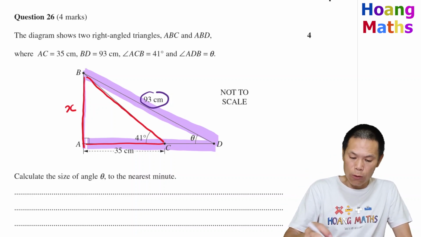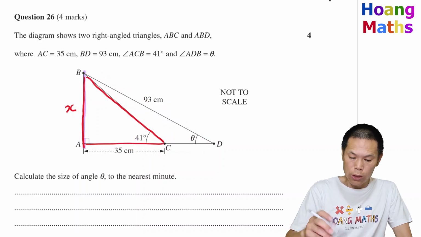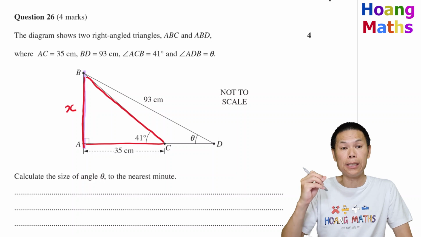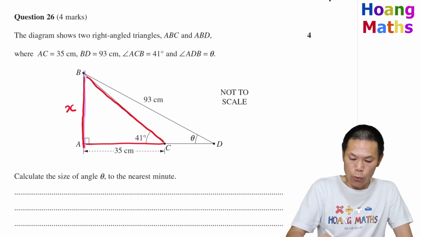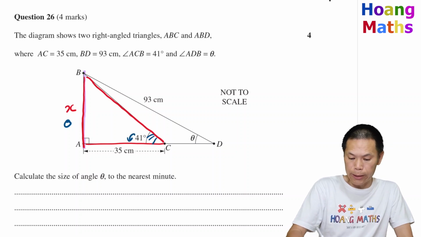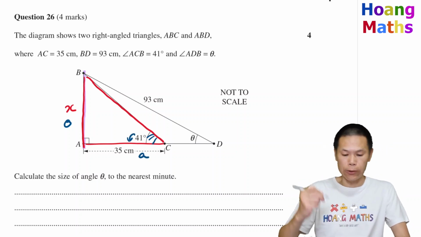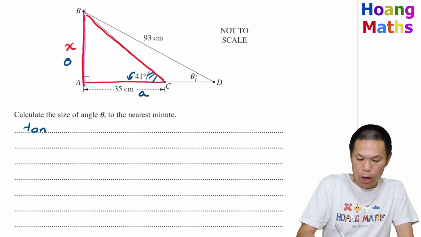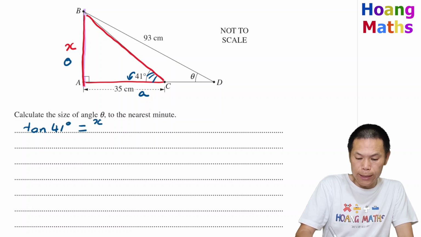To work this out, let me just clear this first. We just focus on the smaller triangle, that is triangle ABC. We have opposite because of this angle here, and next to 41 degrees, so it's adjacent. So TOA, it's tan. So that means tan of 41 degrees is opposite, which is x, over adjacent, that is 35.